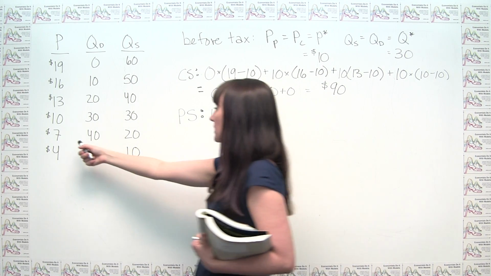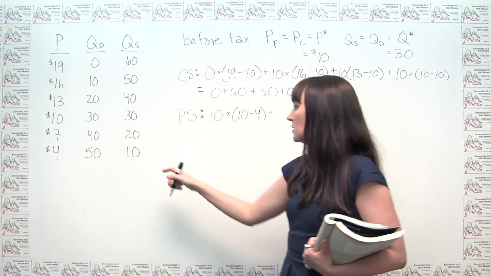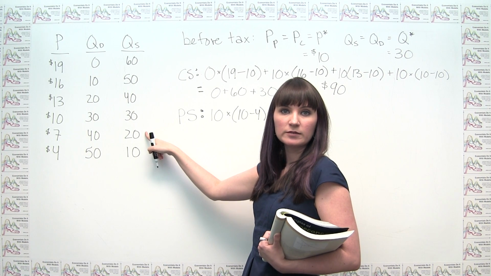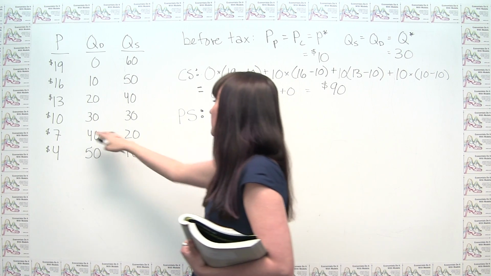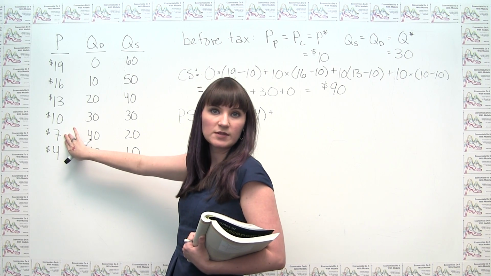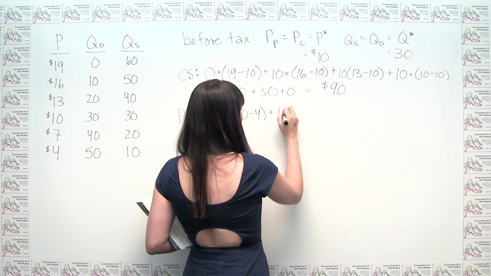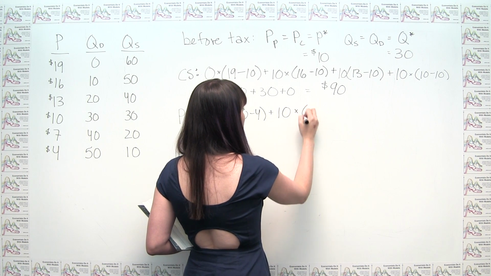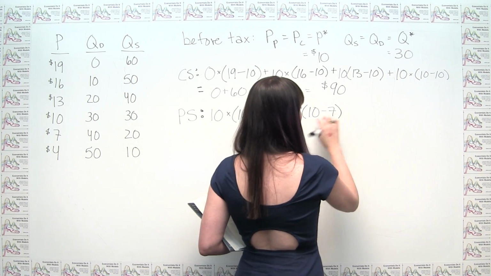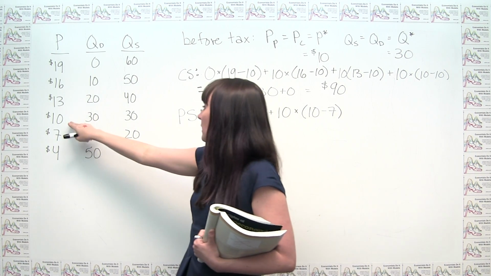We can continue this and we can say, well, once the price goes up to 7, an additional 10 units of supply entered our market. So there were 10 units of supply that had a willingness to sell of $7. So the producer surplus on those is going to be those 10 units times the actual price of $10 minus the willingness to sell of $7. We can keep doing that.